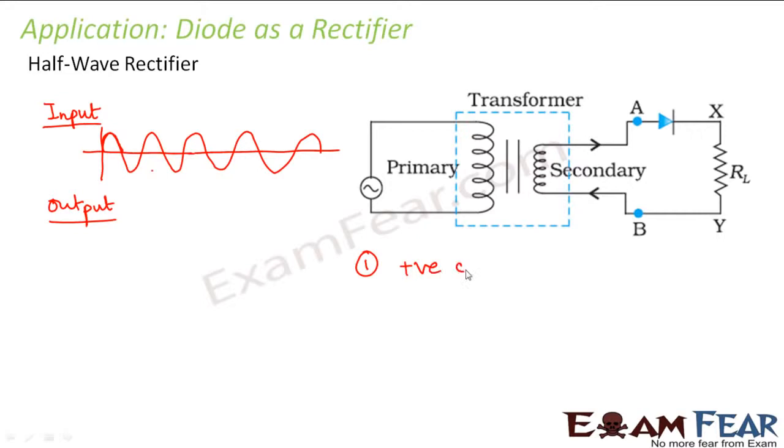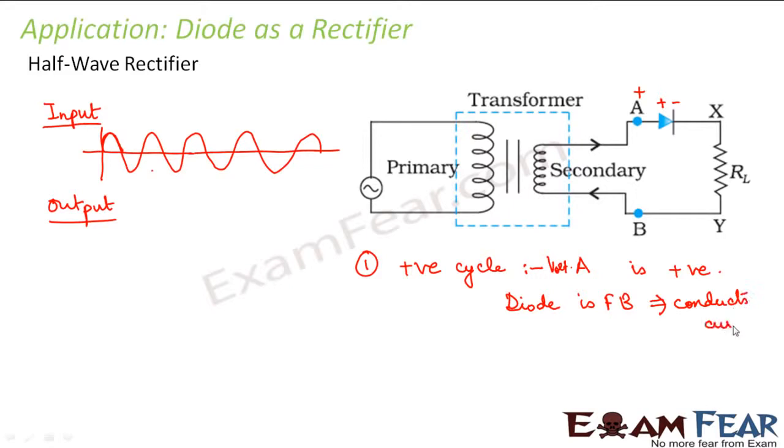So when the input voltage is positive, the voltage at point A is positive. This is my diode, and the positive of the diode is connected to the positive terminal. So that means the diode is forward biased. If the diode is forward biased, it conducts current.